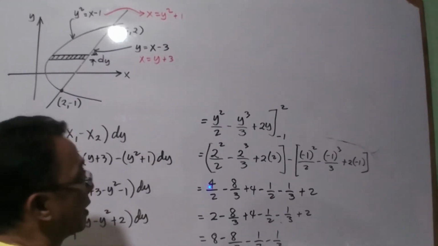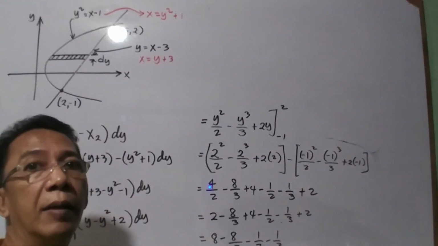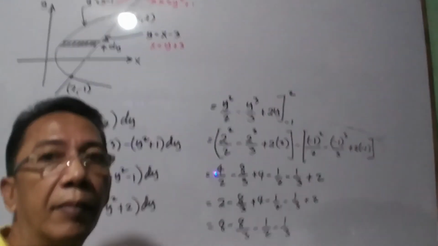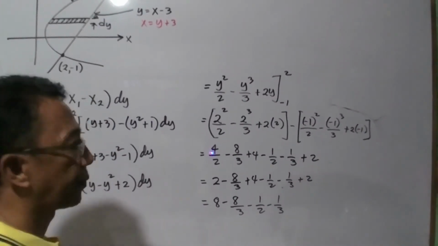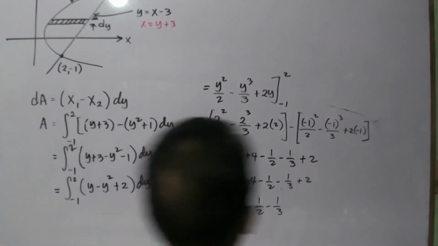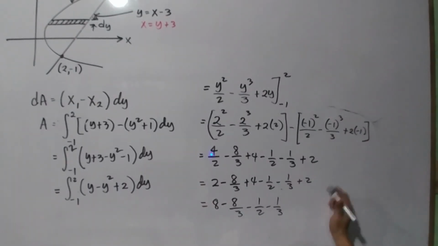We have now the LCD. Six, 48 times 2, 16 minus 3 minus 2 over 6.